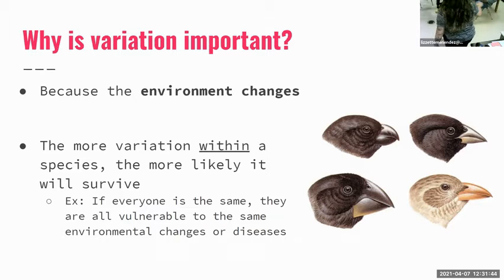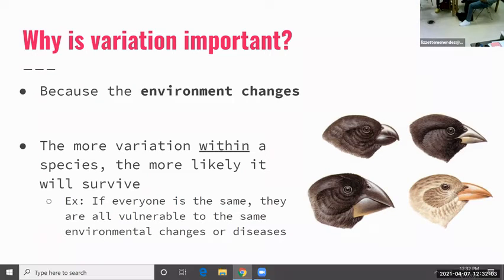If we were all the same and we came up to a change that really was difficult for us to get through, and we were not able to adapt to this change, we would all die. And that's not successful at all. Having a variety ensures that some will survive at least.